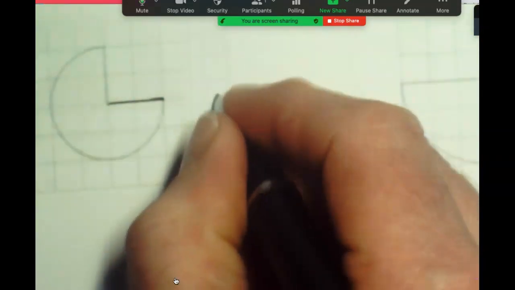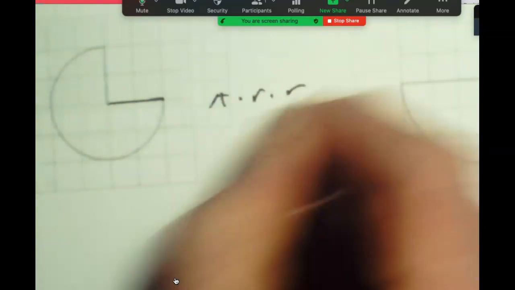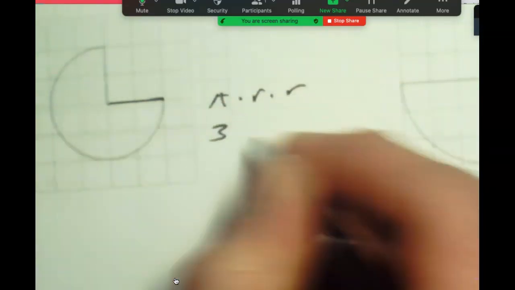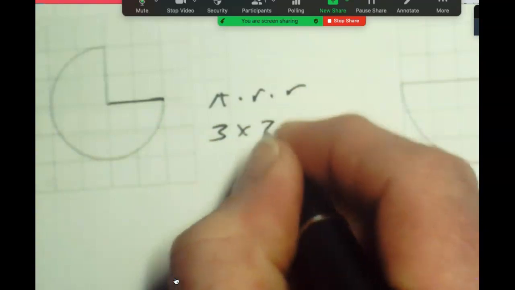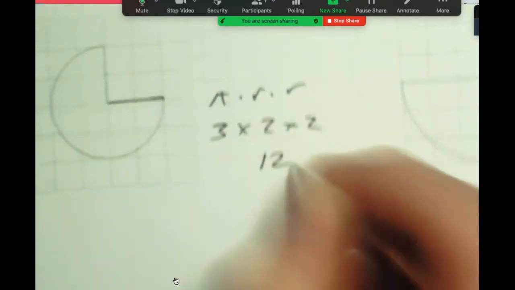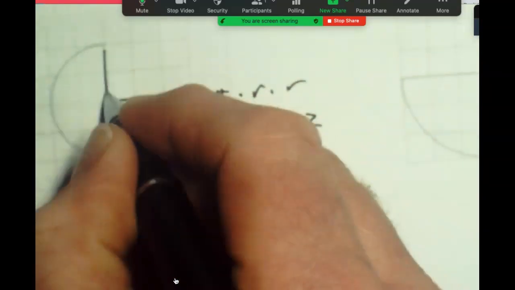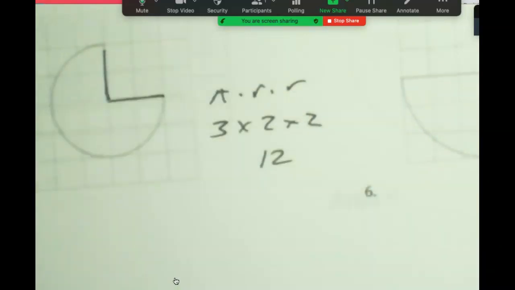So you can use some shortcuts like that. For instance, on this one down here, I'm just going to think about that same thing I did before. I'm thinking about pi r r. So the pi, I'm just going to estimate it 3 times the radius times the radius. That gives me 12. Now, do I have the whole circle? No. I only have 3/4 of the 12.